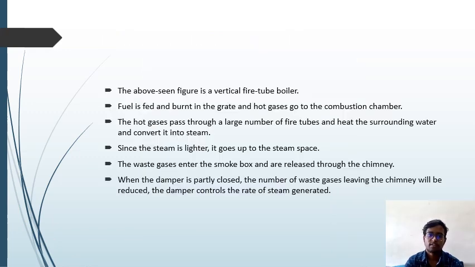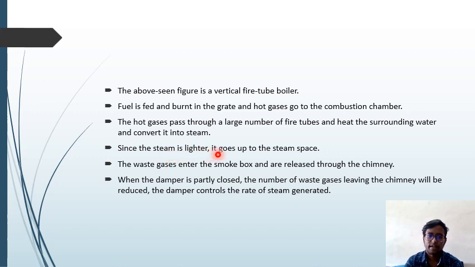The above seen figure is a vertical fire tube boiler. Here we can see the process inside the boiler. Fuel is fed and burned in the grate, and hot gases go to the combustion chamber, where the combustion process takes place. The hot gases pass through a large number of fire tubes and heat the surrounding water and convert it into steam.